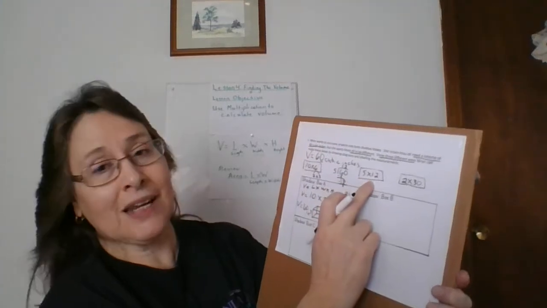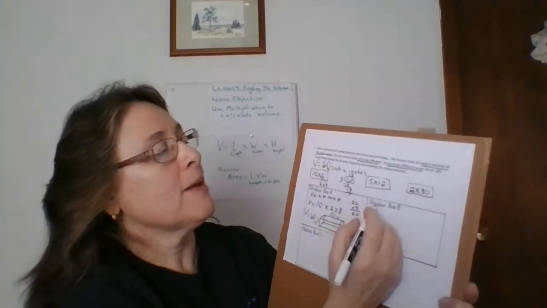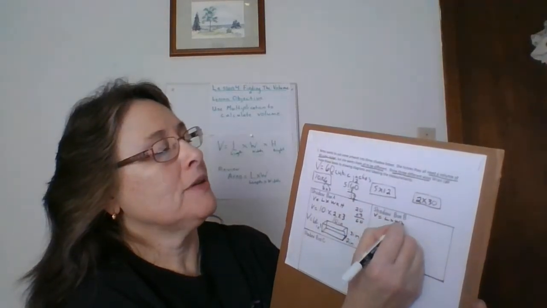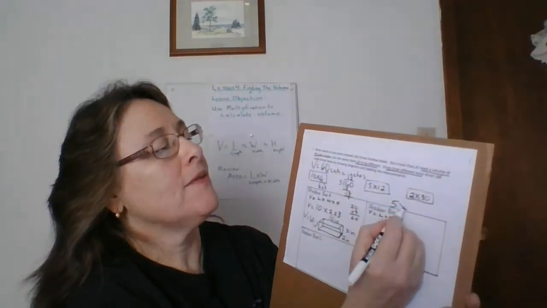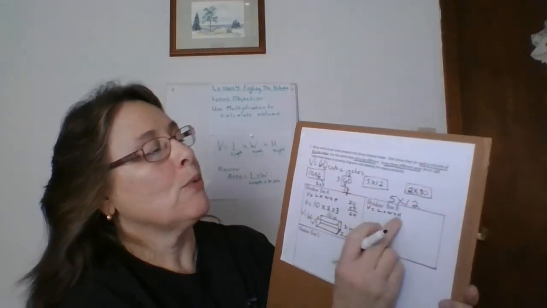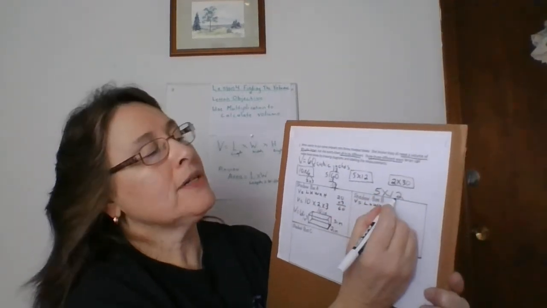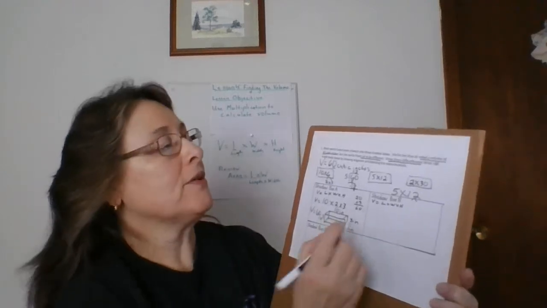Box B, my second factors that I had was 5 times 12. We're going to do the same thing. Volume is equal to the length times the width times the height. Well, if I'm going to use 5 times 12, remember we need 3 units. I only have 2. So I'm going to take the 12 and break up the 12 into 2 factors.